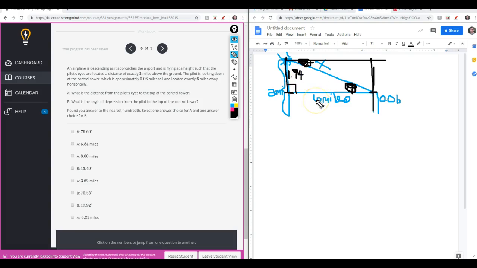And then we have 6 miles right there. So we have a right triangle. There's two ways we can solve for a side length in a right triangle. We can do Pythagorean theorem or we can do trig functions. Again, Pythagorean theorem requires two known side lengths, which we do have. We have 1.94 and 6 miles.